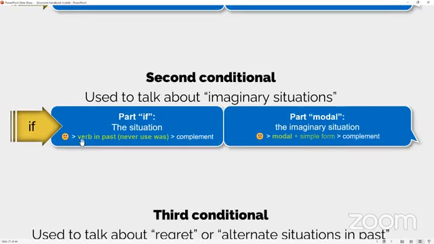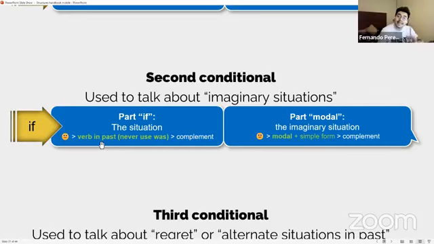The part after if is the person and then the verb in past. As you can see, there is no would. You see what I mean? You need the verb in past and you can never use was. What is the other verb to be?